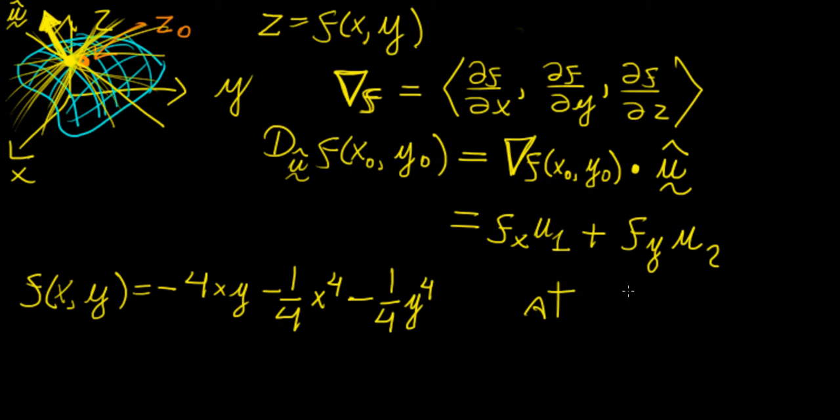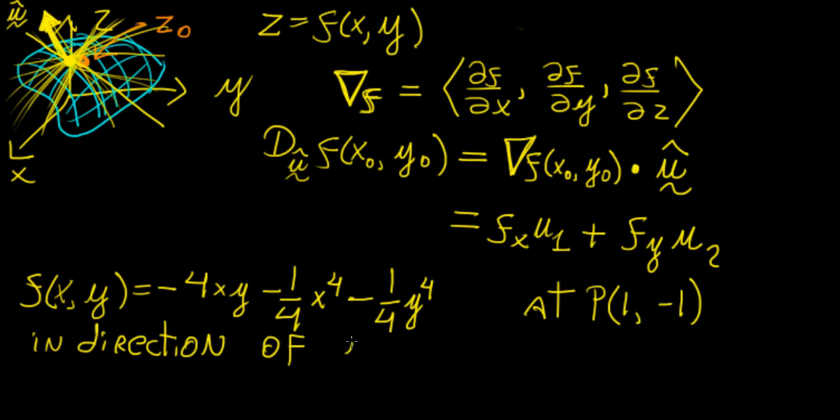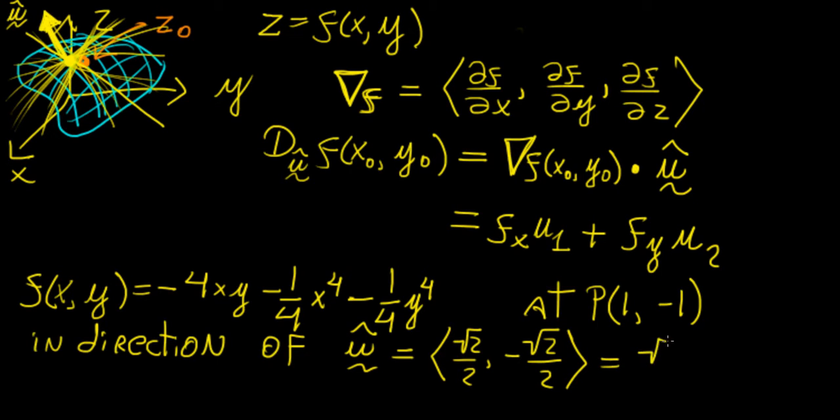And we're going to find the directional derivative at point P, (1, -1), in the direction of the unit vector (root 2 over 2, minus root 2 over 2). This is the same as saying root 2 over 2 times (1, -1).